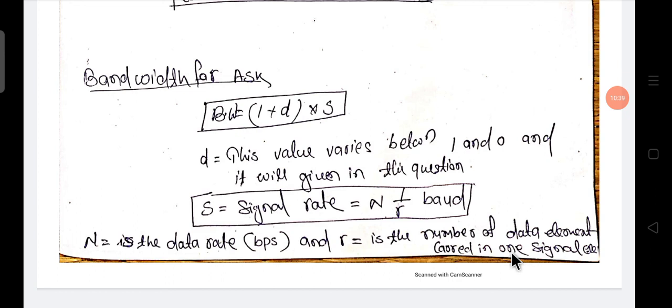So n is the data rate, or the number of data elements transmitted per second, which is represented by bps, bits per second. Okay, thank you.